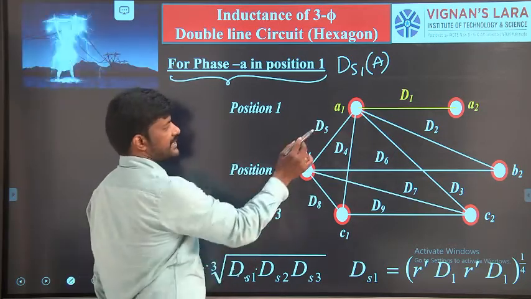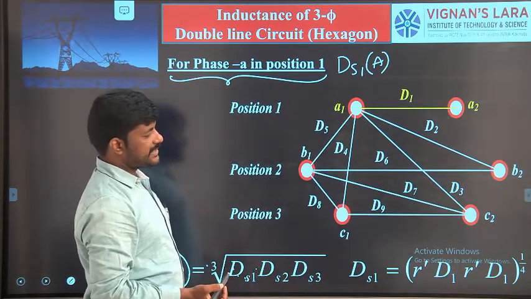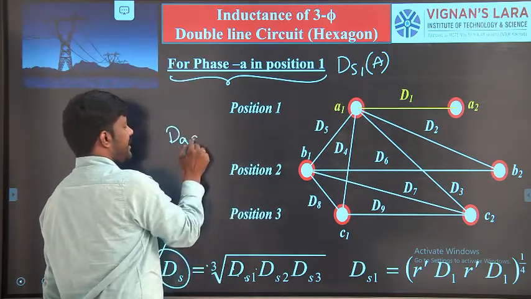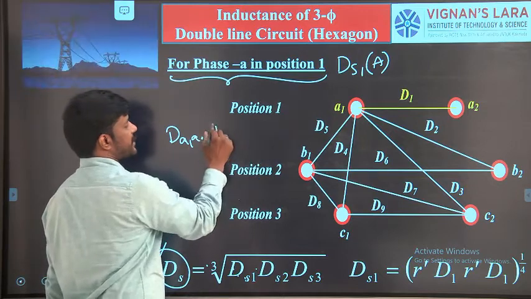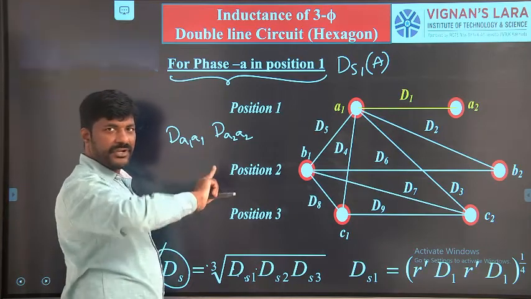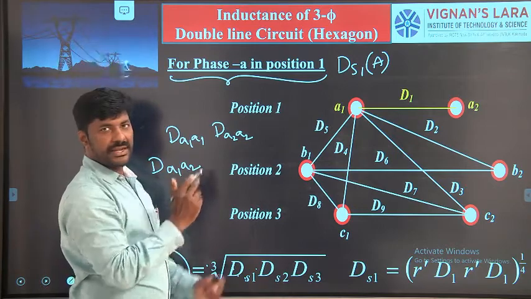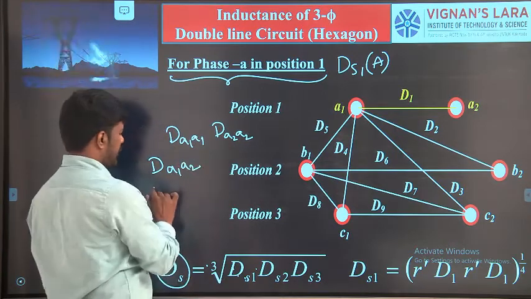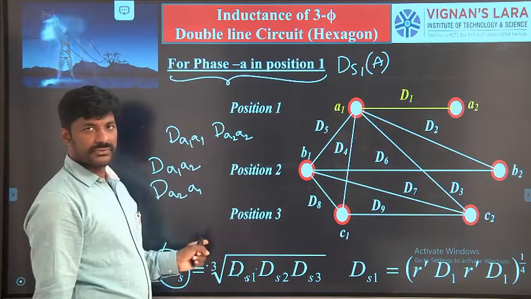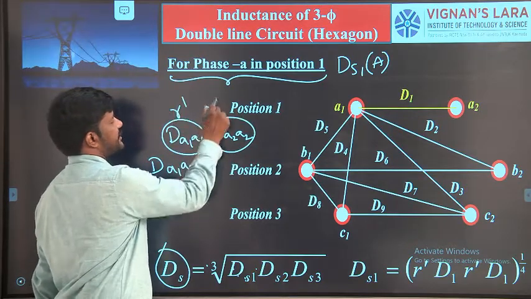Then what are the possible distances? The possible distances between A1 and A2 are, as I told you, the self distance D A1 A1, the self distance of the second circuit D A2 A2, then between circuit 1 and circuit 2, D A1 A2, and from circuit 2 to circuit 1, D A2 A1. Total 4 values. The self ones are internal, its own, which is why it is R dash.